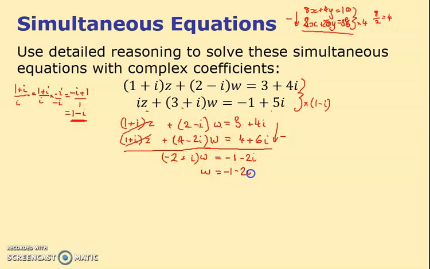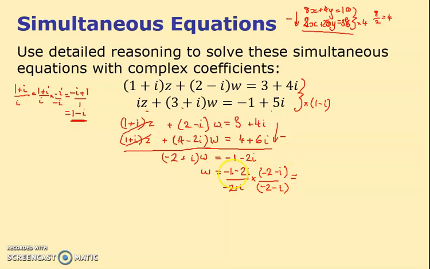So you can see I've got this equation now, but obviously it involves moving that bracket onto the other side and dividing. So again, minus 2 plus i. And again, I suppose with detailed reasoning, you're expected to show how you do it. You times by minus 2 minus i over minus 2 minus i. That will get rid of it. And again, they wouldn't know if you've done it properly or not.